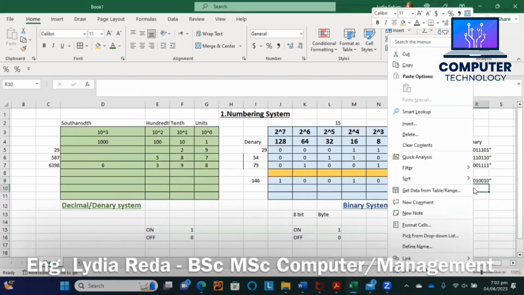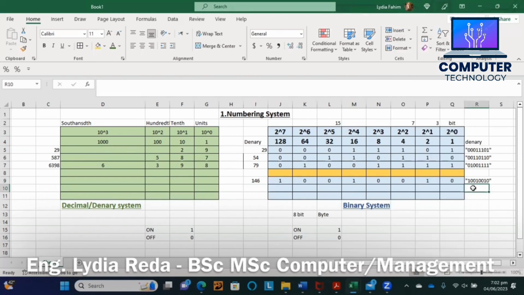So this is the vice versa. I am transforming from binary to denary. Another one, let's do it. Again, we go from left to right: 0, 0, 1, 1, 0, 0, 1, 1. Okay. Let's go. The 128 has a 0, so I don't care. 64 has a 0, I don't care.